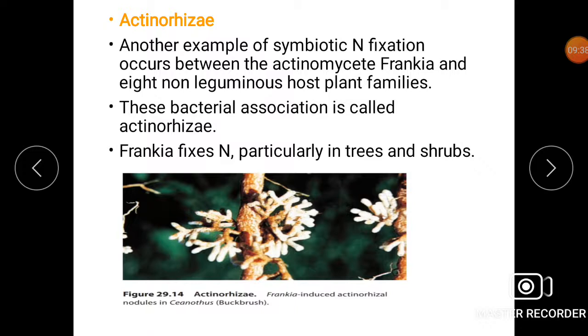And another example of symbiotic nitrogen fixation in actinomycetes includes Frankia. It's known as actinorhiza, and these are found in Frankia and eight non-leguminous host plant families. This bacterial association is called actinorhiza, and Frankia fixes nitrogen particularly in trees and shrubs.